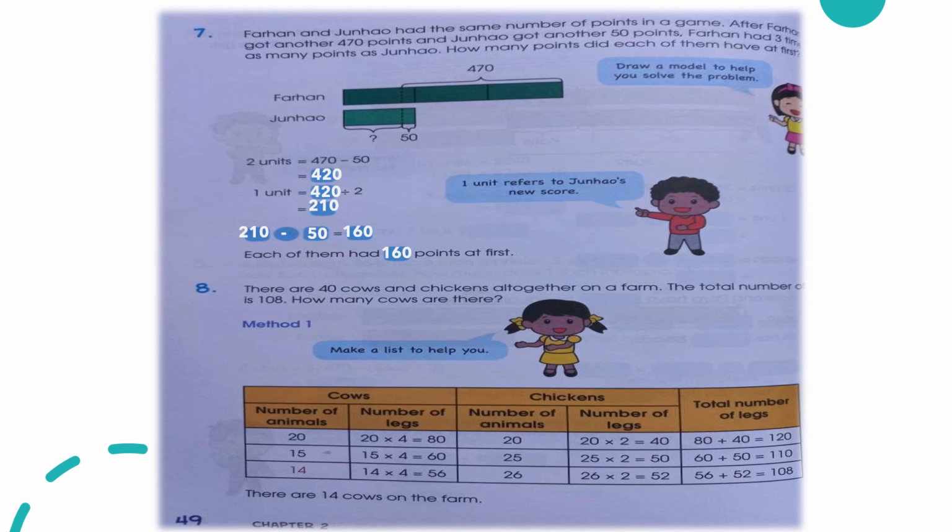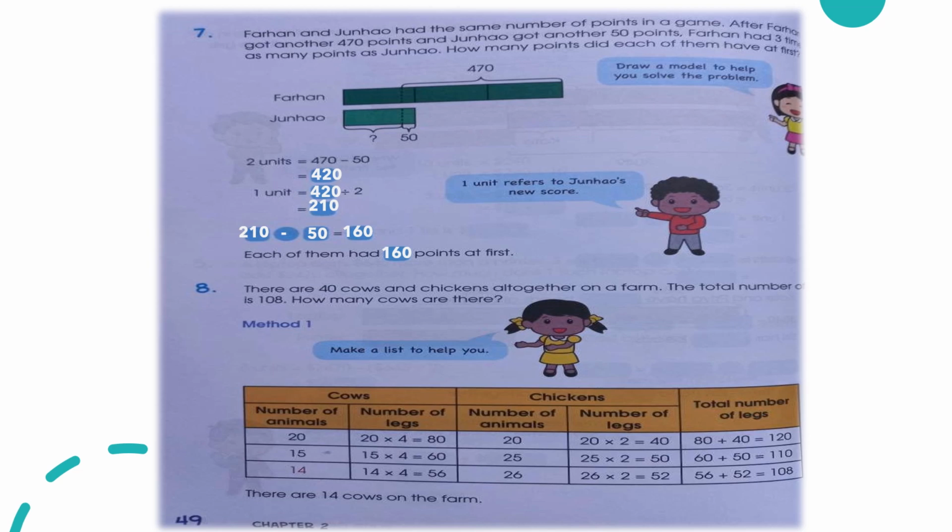Now we divide them in a way that there are 15 cows and 25 chickens. If there are 15 cows and we multiply by 4, we have 60 legs. And if we have 25 chickens and we multiply by 2, we have 50 legs. Again, the result is 110, which is greater than 108.